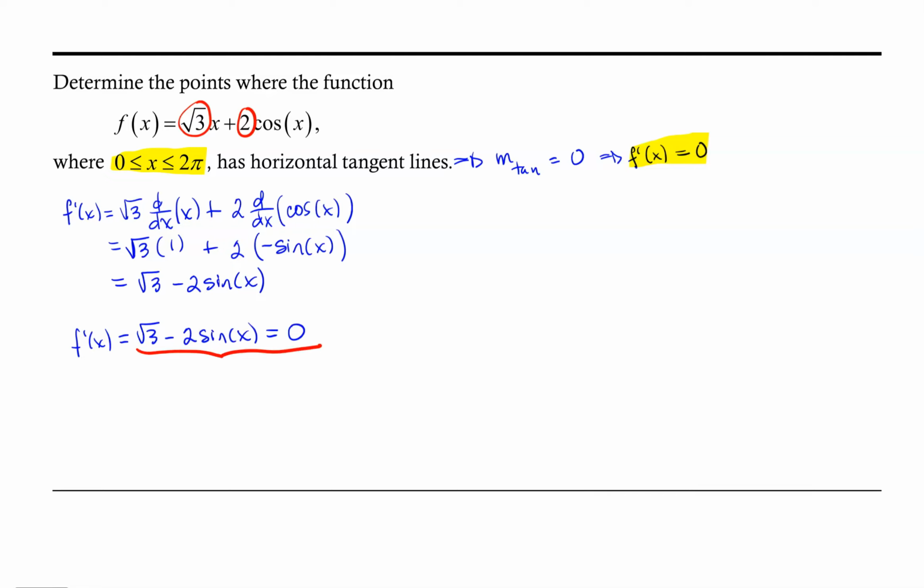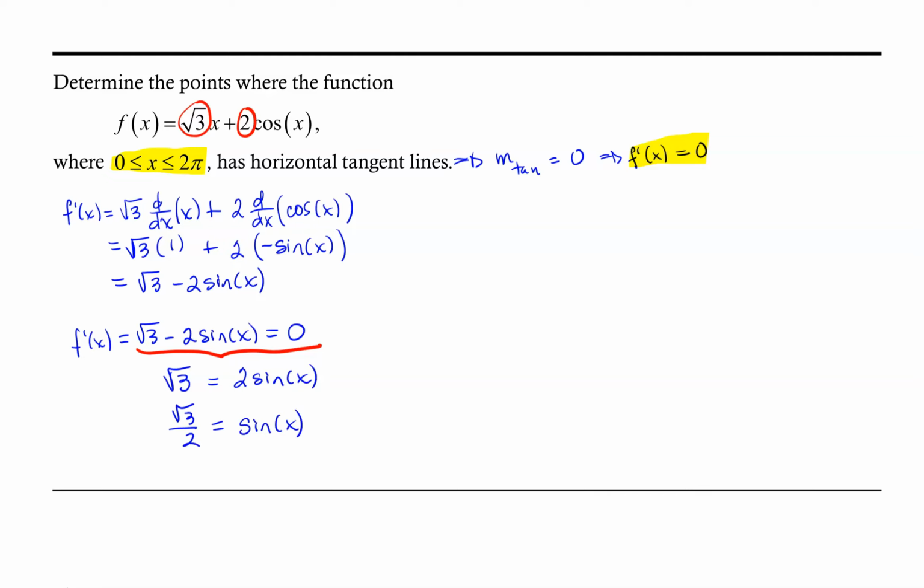So we can go ahead and add 2 sine of x to both sides of the equation. So we get square root of 3 equals 2 sine of x. We can divide both sides of the equation by 2. We get square root of 3 over 2 equals sine of x.